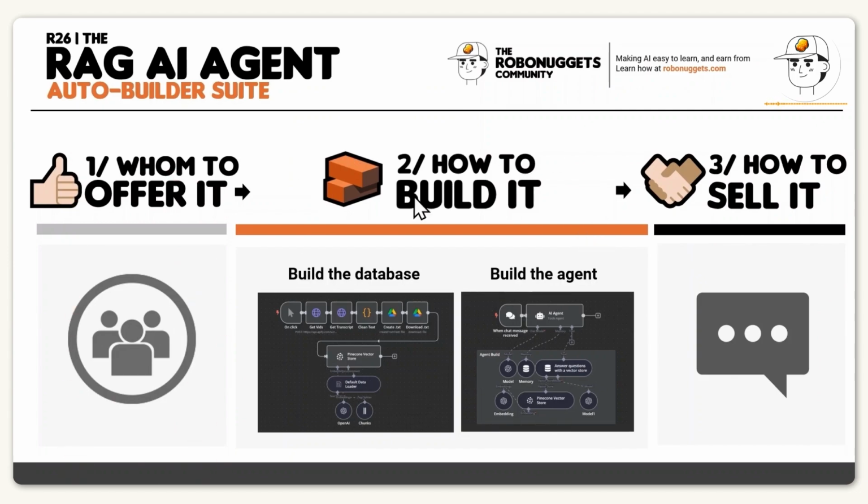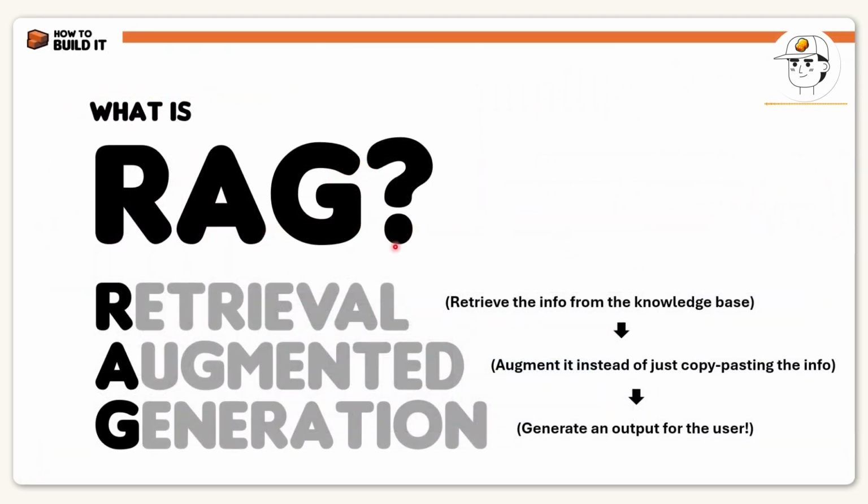And now we can go towards building this automation that in the AI space, a lot of people are calling a RAG AI agent. So it's probably worth just stepping back a few seconds just to understand what RAG even means. And it's quite simple really, because what RAG stands for is just simply Retrieval Augmented Generation.